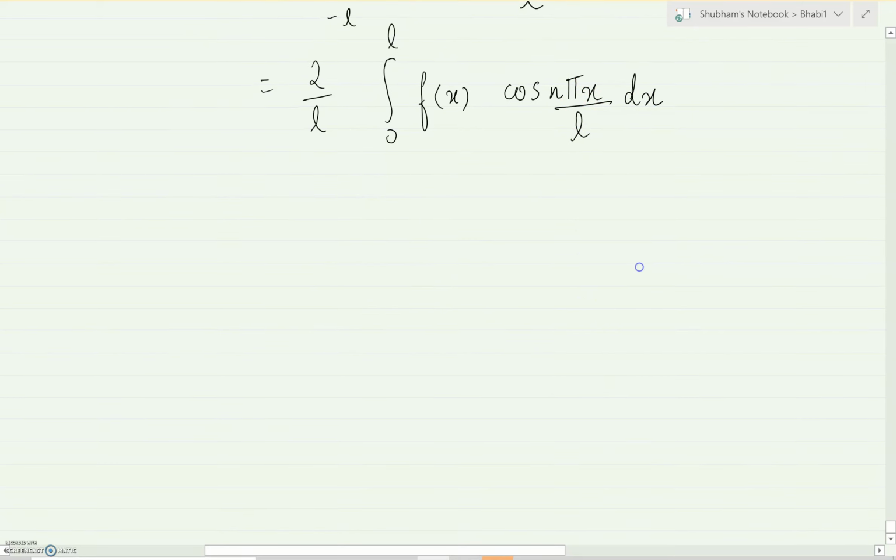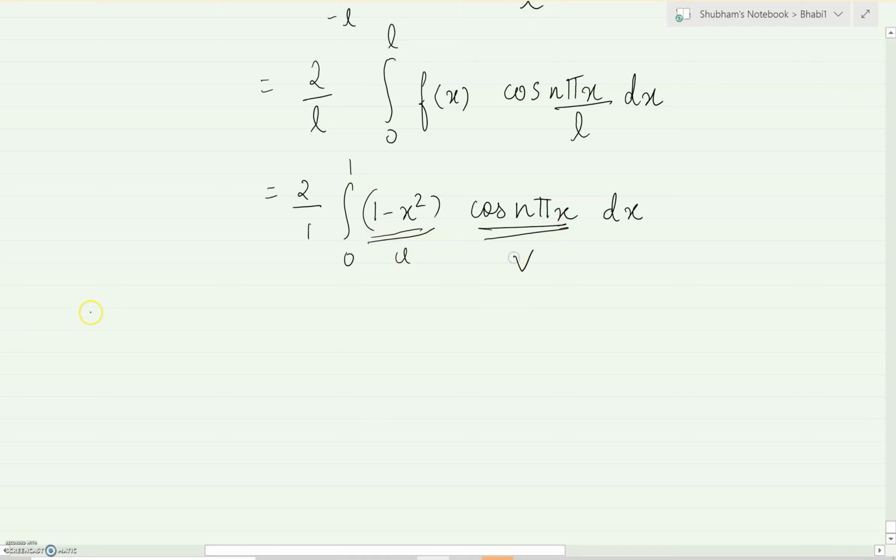Let us substitute f of x and the value of L. The value of L is 1 as we've seen earlier, and f of x is 1 minus x square. Now what we will do is the shortcut method, u into v. So I get 1 minus x square as it is.